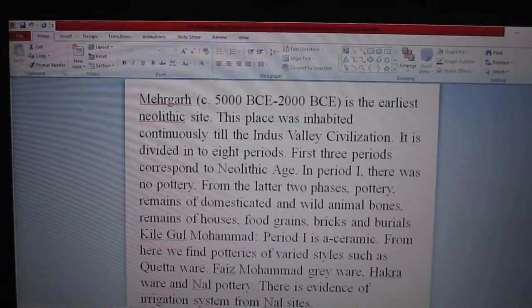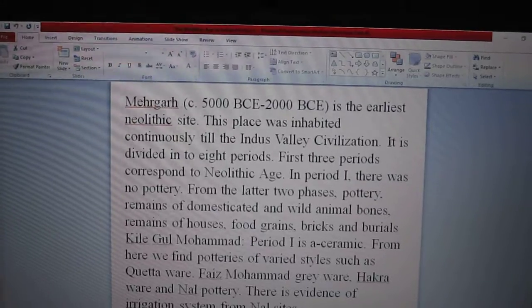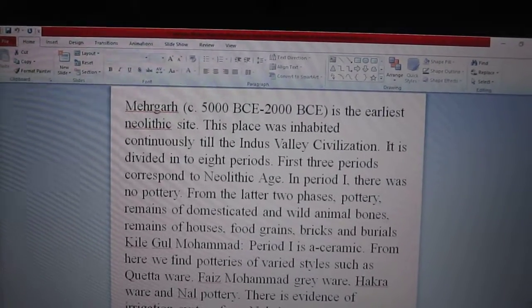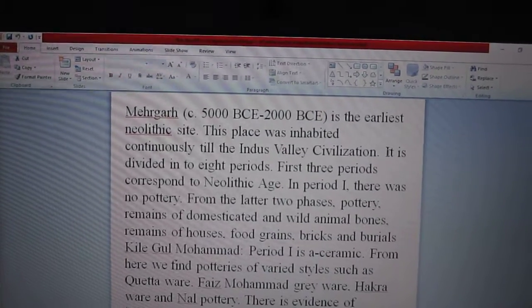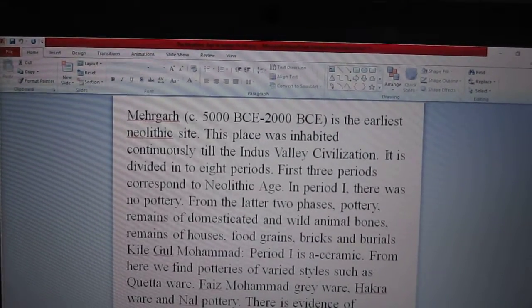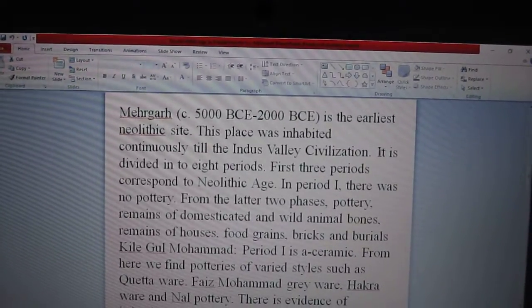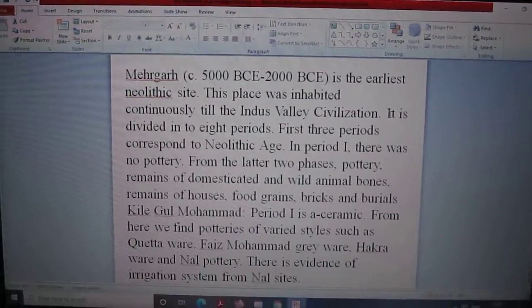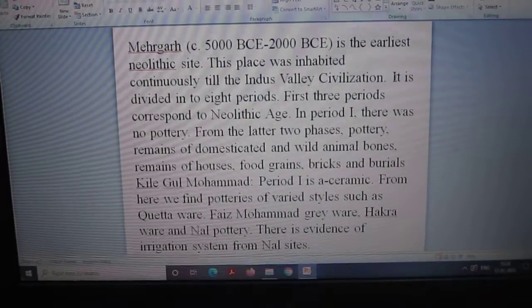The reason was that they were doing agriculture and also domesticating animals. To facilitate agriculture and to help the animals get domesticated, they had to live in one particular area. So we find evidence of these practices, and we also see that they were making bricks to build houses. All this clearly indicates that in this time period people started living in one area.